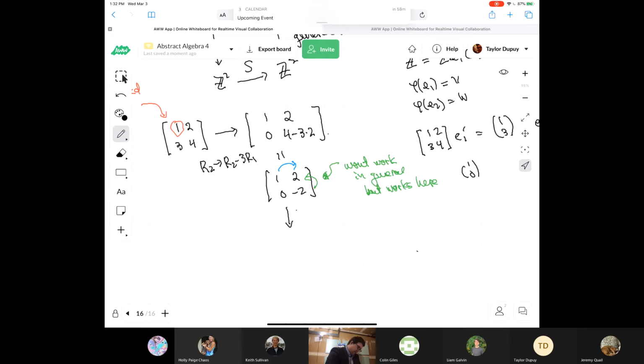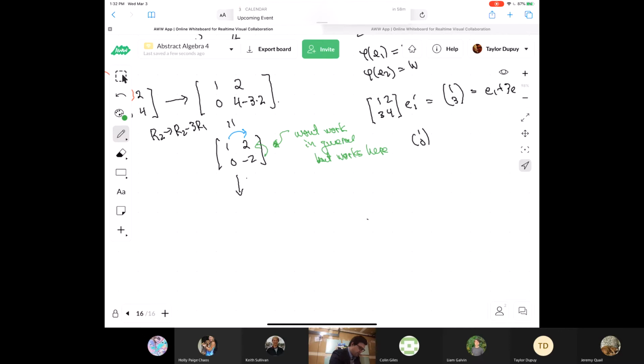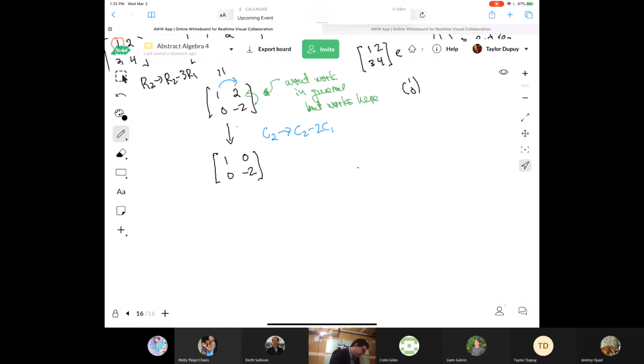Let's do the blue one because we should do what works more generally. So C2 goes to C2 minus 2C1, and then we have 1, 0, this gets to 0, and this is a minus 2.